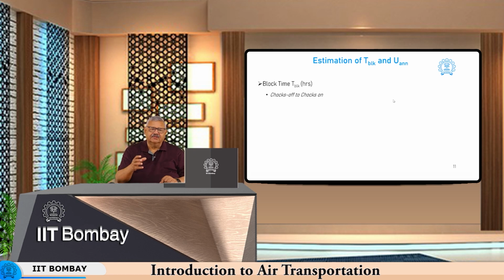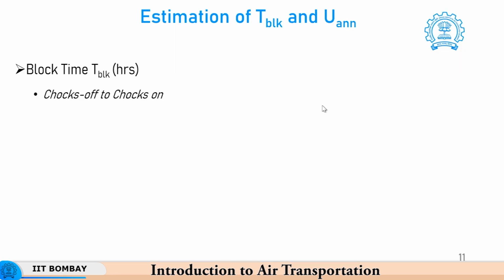So, this is from the chocks off to chocks on. Chocks basically are triangular yellow colored devices which are inserted in front of the wheel when you do not want the aircraft to move inadvertently.